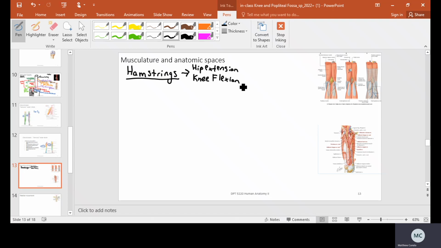Who here has seen a total knee patient who complains that I can go up the stairs no problem, but down the stairs is a whole other world? Why is that? Because if I'm descending the stairs, what motion is happening at my knee? Knee flexion. Gravity is driving that.